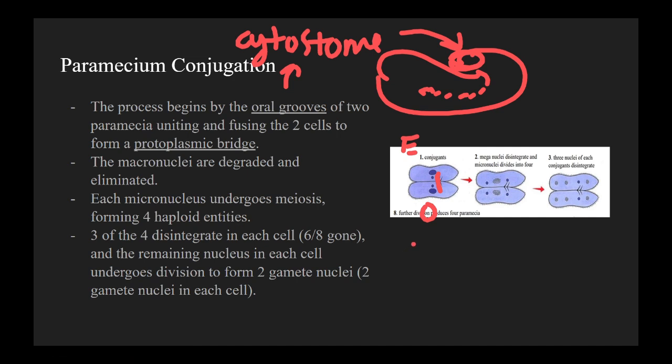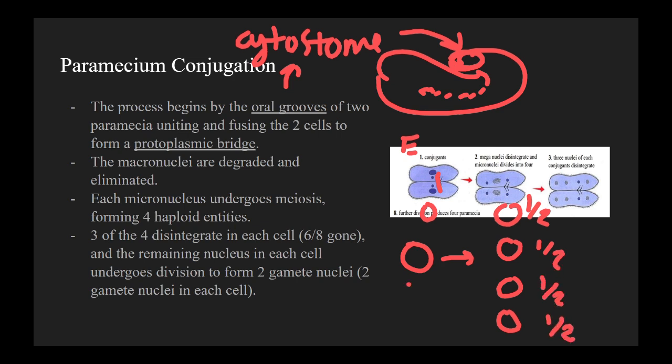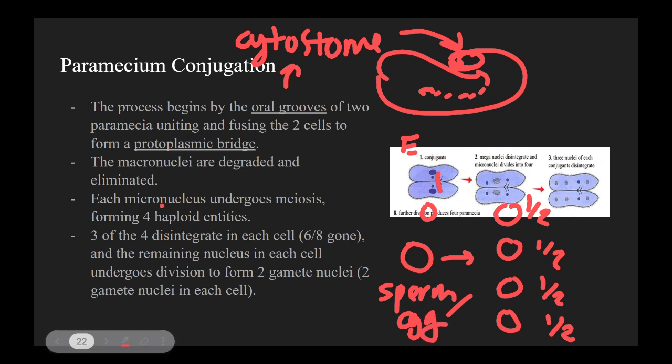This just means we start with 1 micronucleus, then we get 4 micronuclei that have half the amount of genetic material that the first one had, like this. So it's just like meiosis when we form gametes in humans, so sperm and egg, right? So it's the same process here, except it occurs with the micronuclei.